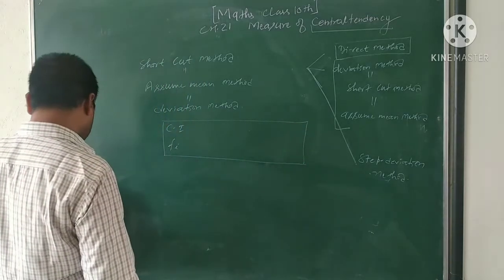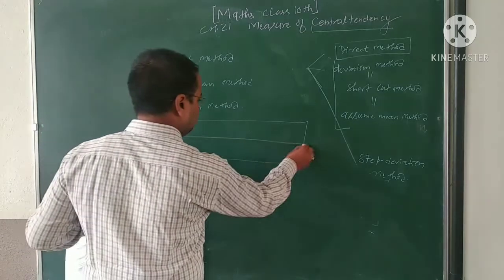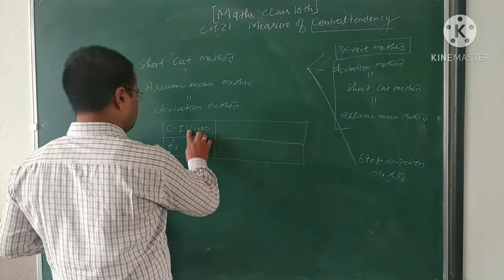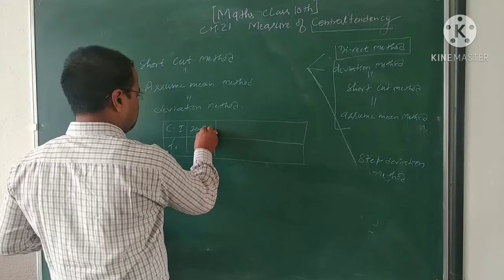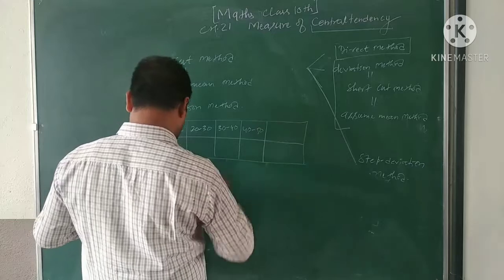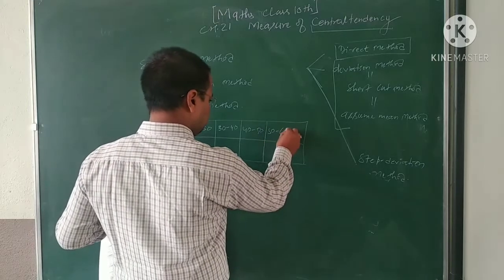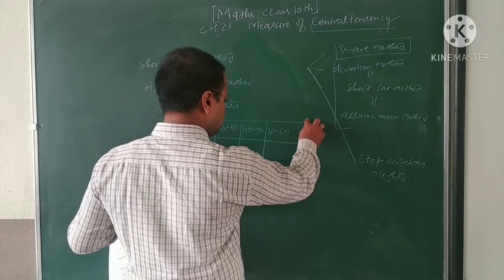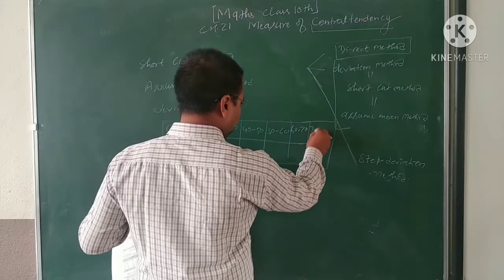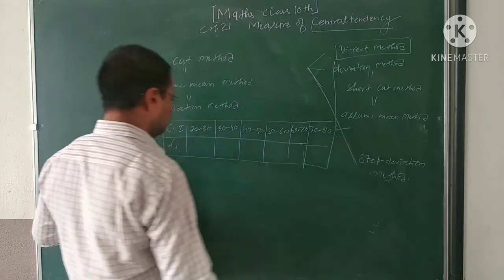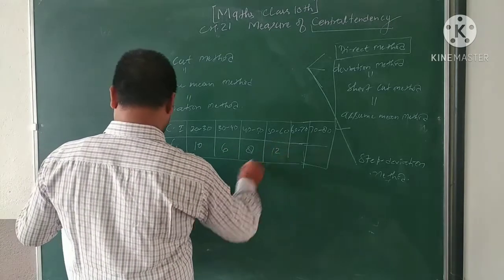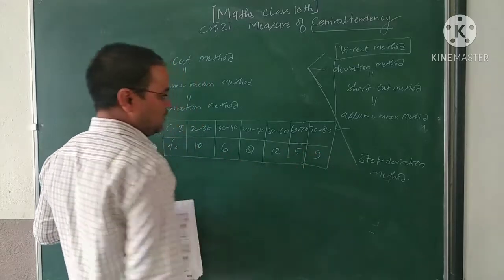The class intervals given are 10 to 20, 20 to 30, 30 to 40, 40 to 50, 50 to 60, 60 to 70, and the last one 70 to 80. And the frequencies are 10, 6, 8, 12, 5 and 9.